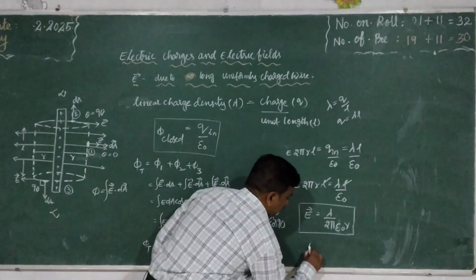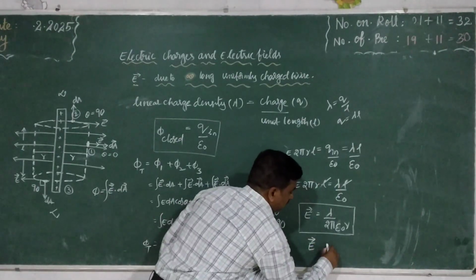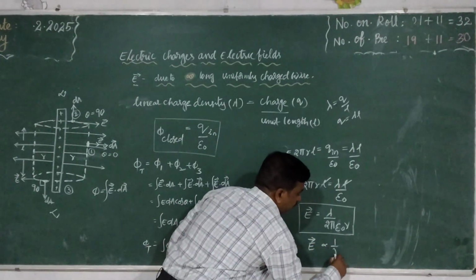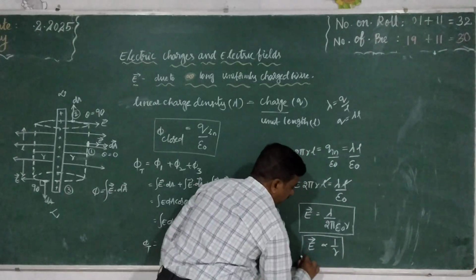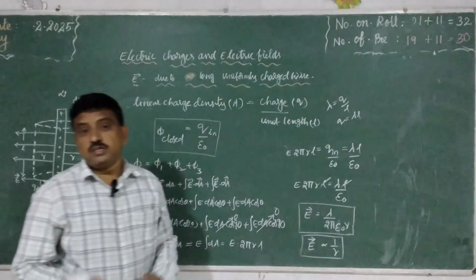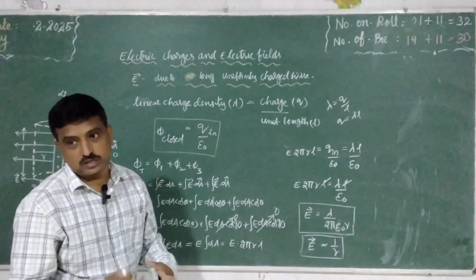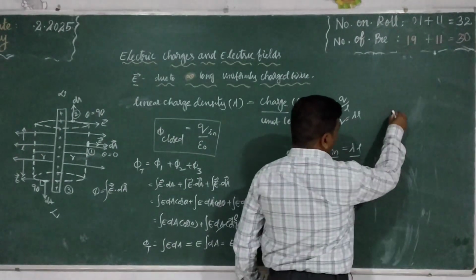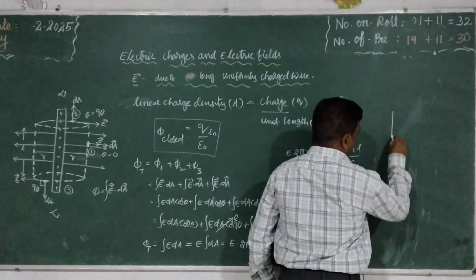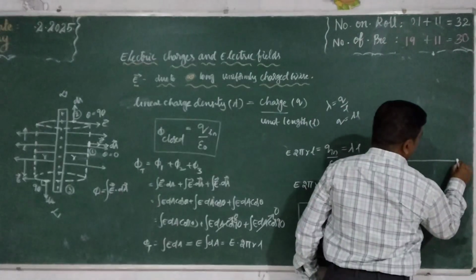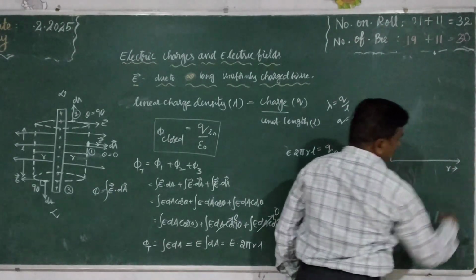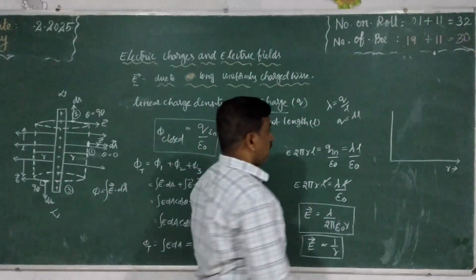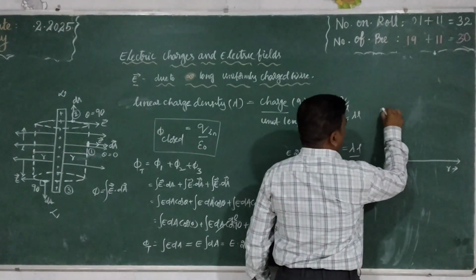What is the relation here? The electric field is proportional to 1 by r: as distance increases, the electric field decreases. So we can draw the graph. Along the x axis we take the distance from the uniformly charged wire, and along the y axis the electric field.